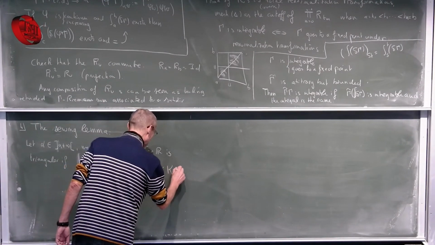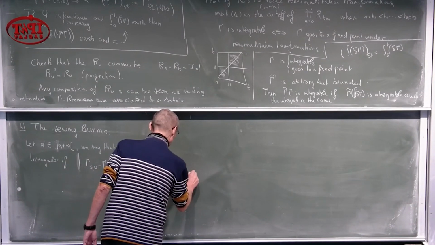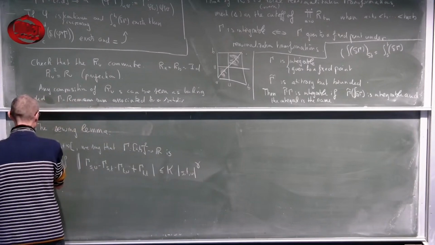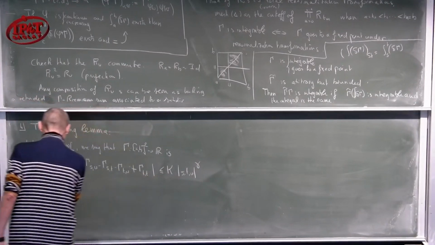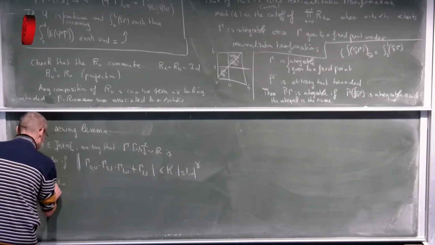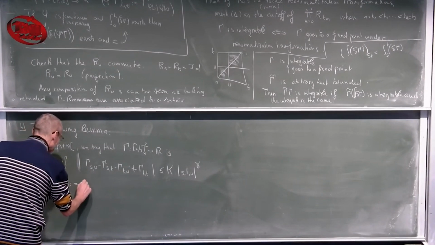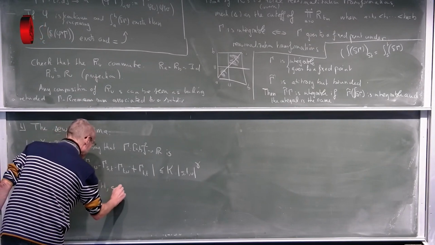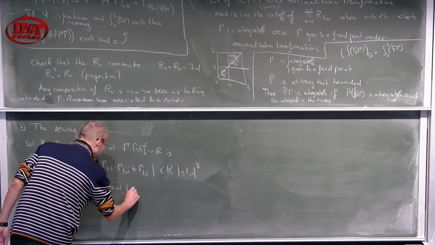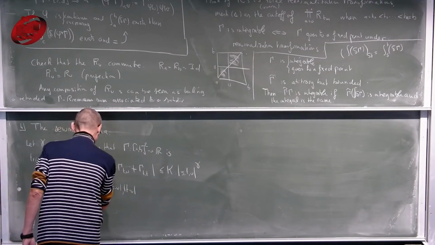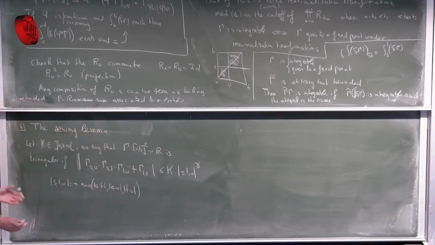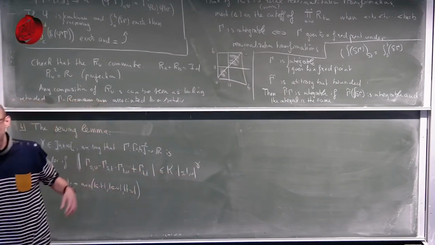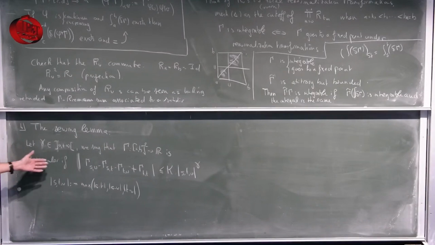Less than K times something that I call STU. I want to call it gamma, this one. And this notation here, STU, this is the definition, this is the max of S minus T, S minus U, T minus U. This is just the length of the smallest interval that contains the 3 points. Okay, so I say that it's triangular if it satisfies this condition.